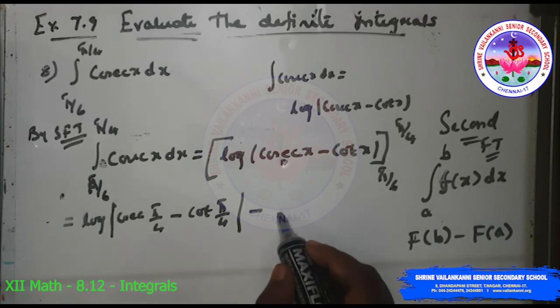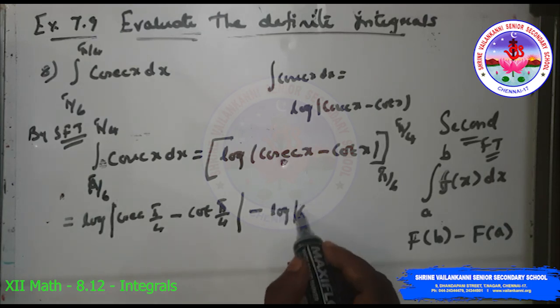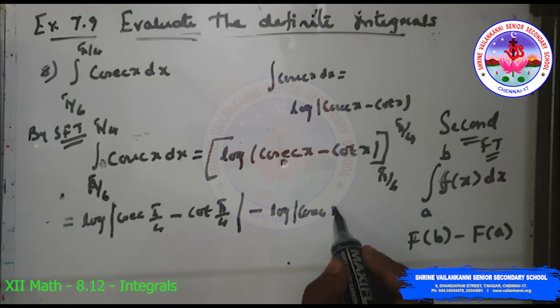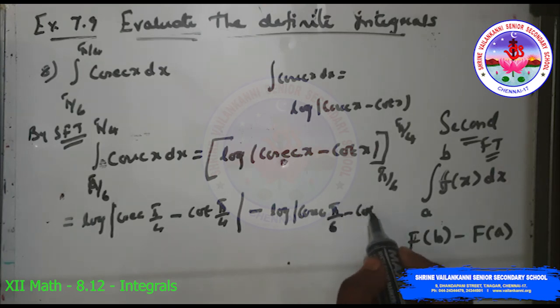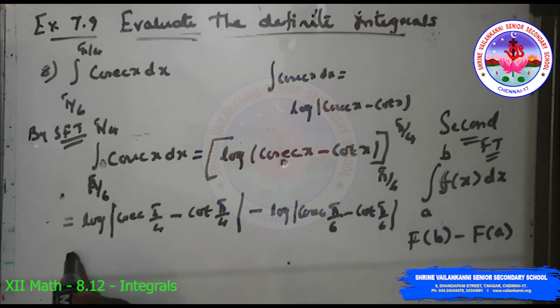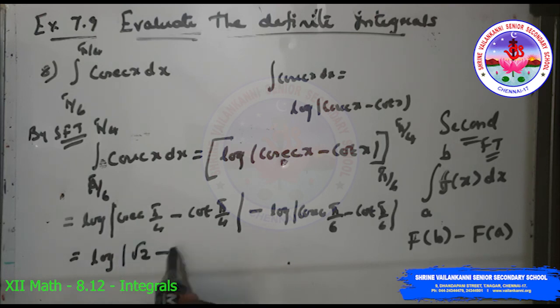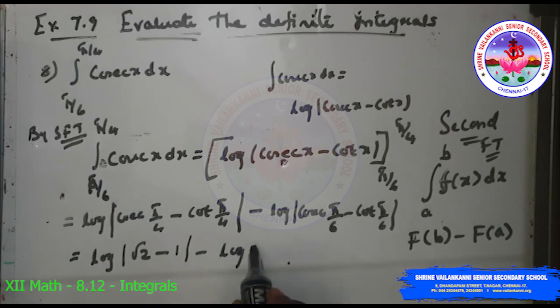minus, now lower limit. So log of cosecant pi by 6 minus cot pi by 6, which is equal to log cosecant pi by 4 is root 2 minus cot pi by 4 is 1, minus log cosecant pi by 6 is 2 minus cot pi by 6 is root 3.